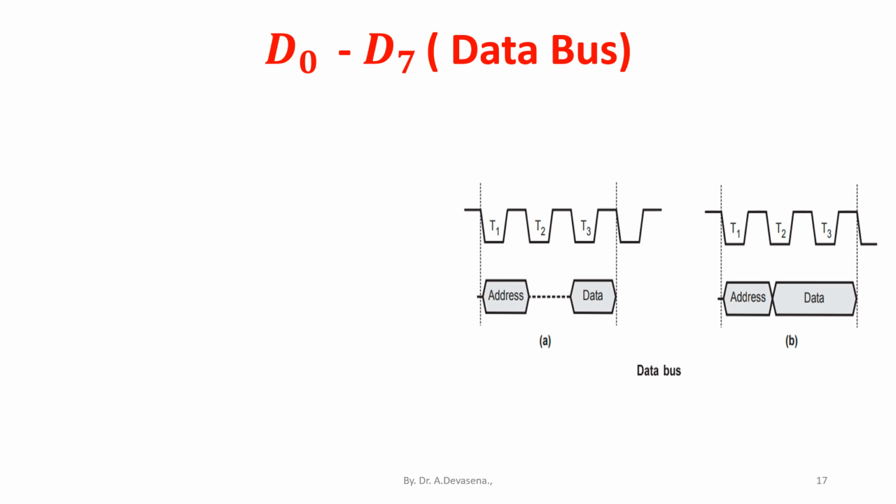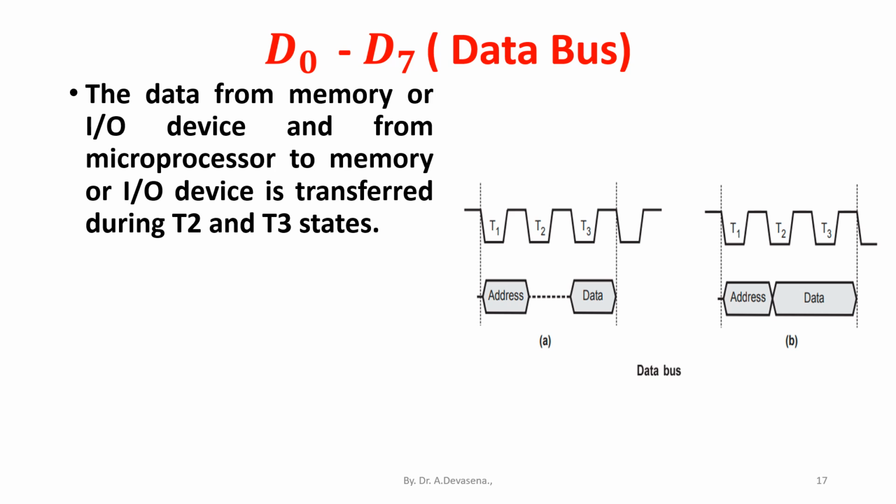The data from memory or IO device, and from microprocessor to memory or IO device, is transferred during T2 and T3 states. It is important to note that in a read machine cycle, data will appear on the data bus during the later part of the T2 state, as shown in the figure.